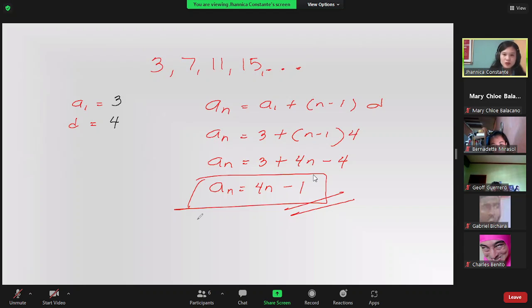Okay. Question in solving for the arithmetic sequence. Okay. You try to write an equation for this arithmetic sequence. Okay.